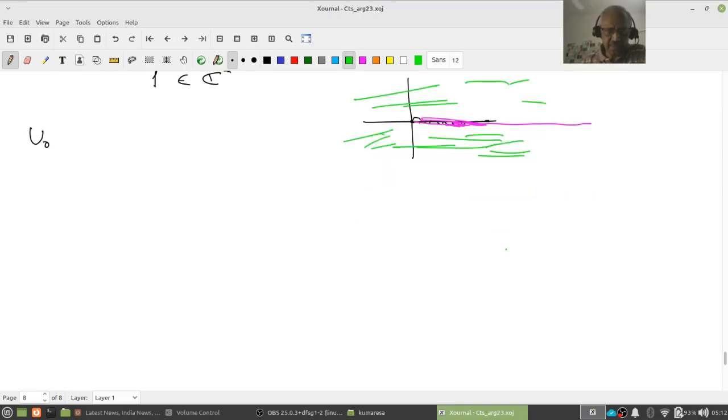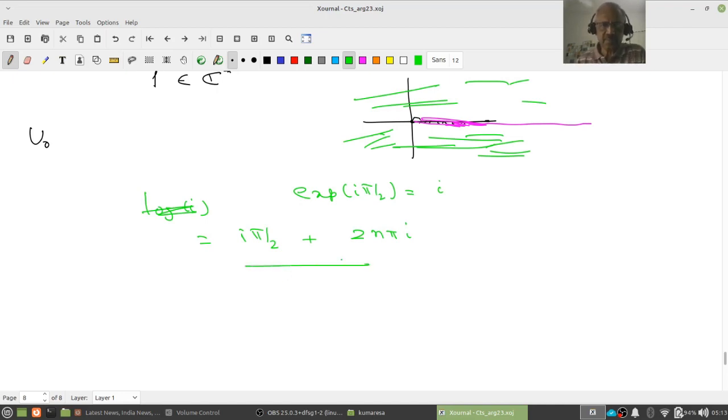Now, what are all the possible logarithms of I? So you know that exponential of I pi by 2 is I. Therefore, logarithm of I is I pi by 2 plus any 2n pi I. Do you understand this?